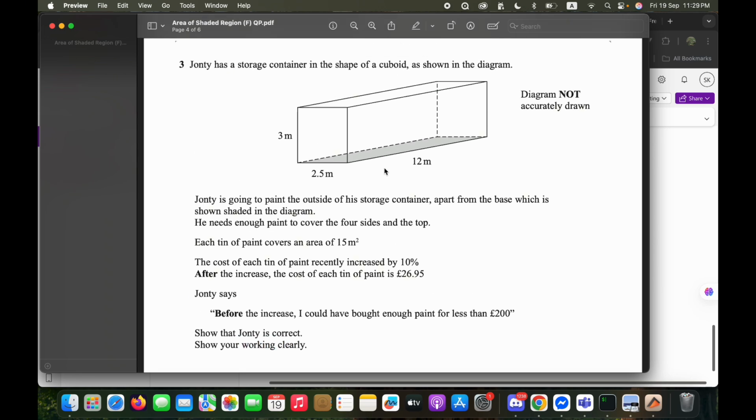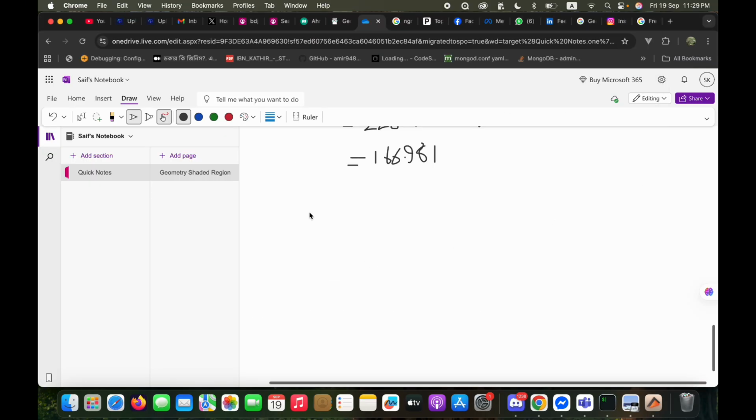Before calculating the cost, I have to figure out how much area John T has to cover. After we figure out the area, we can calculate the cost. To figure out the area, we first figure out one rectangle and multiply it by 2, then this rectangle and multiply it by 2. Let's say the total surface area is the area minus the shaded region.